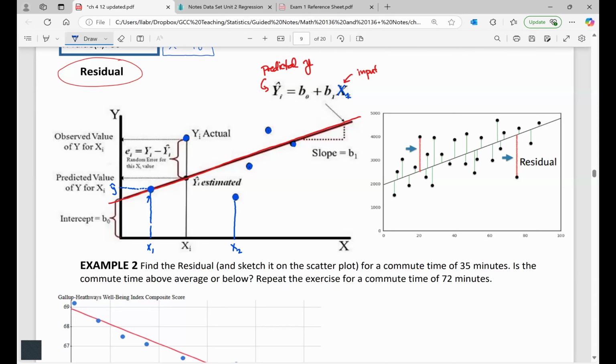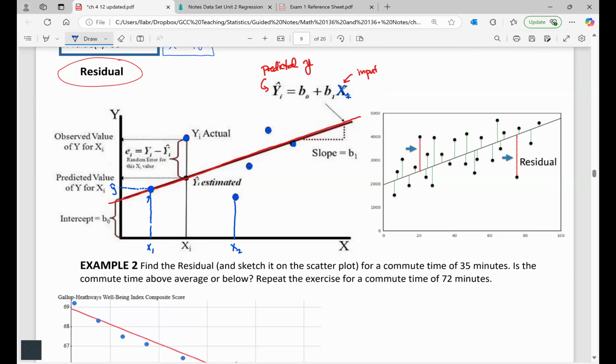So first we got to find Y hat. And we're using the fact that Y hat was equal to 69.0296 minus 0.0479. And I'm going to plug in the value of 35.